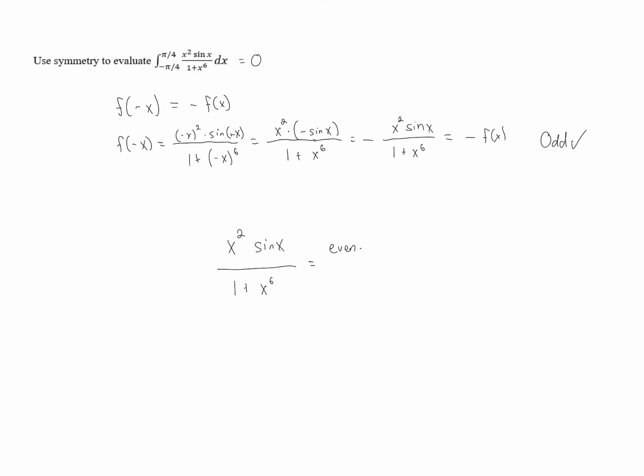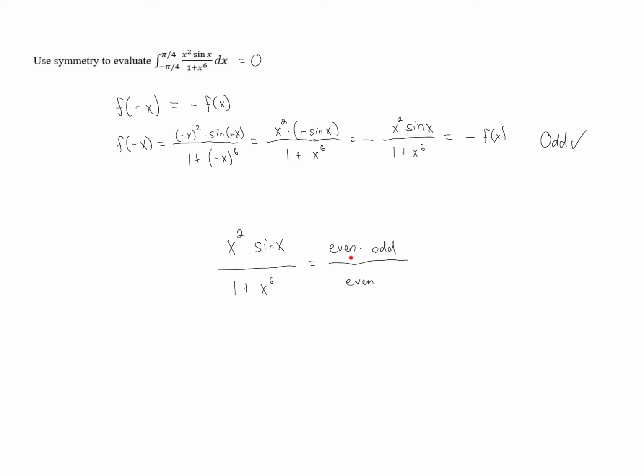So we've got even times sine of x, which is an odd function, and 1 plus x to the sixth is an even function. Anytime we've got a polynomial and all of the degrees are even, 1 is the same as 1x to the 0. So these are all even powers of x. That is an even function.